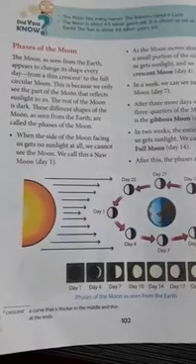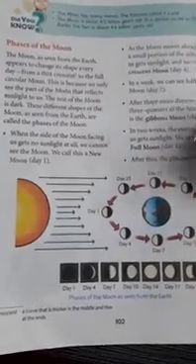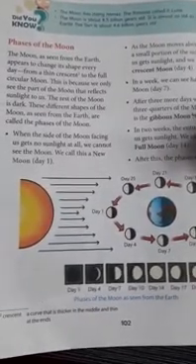This is because we only see the part of the Moon that reflects sunlight to us. The rest of the Moon is always dark. These different shapes of the Moon as seen from the Earth are called the phases of the Moon.